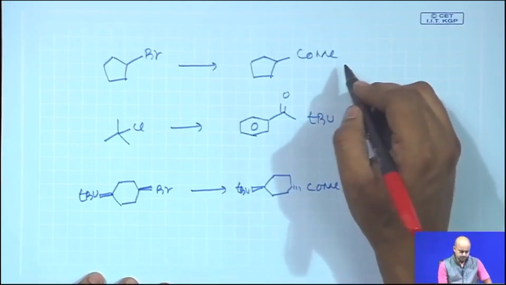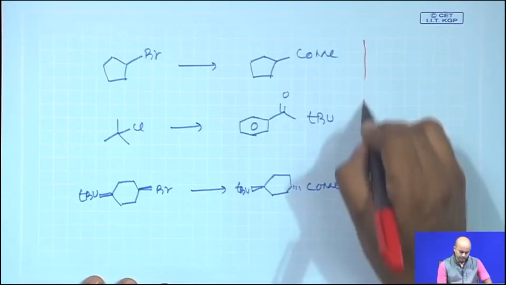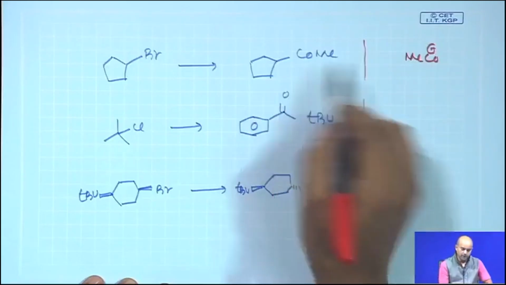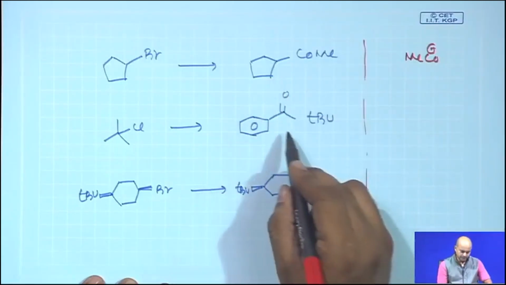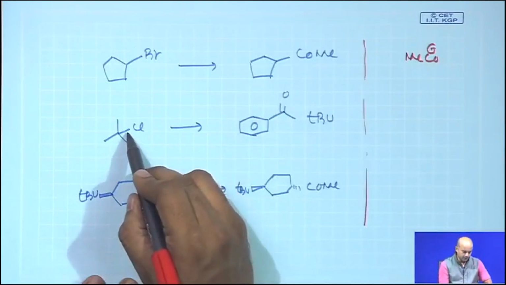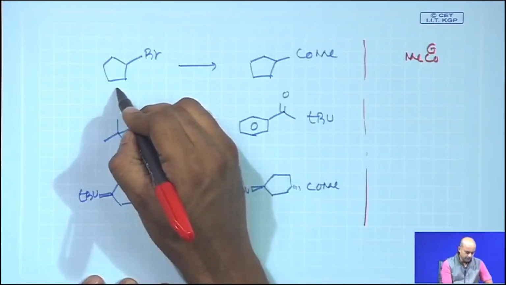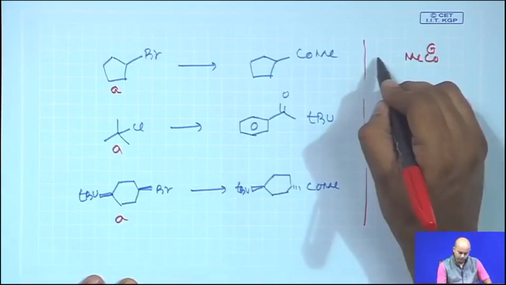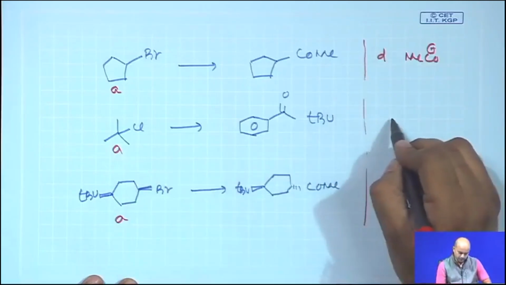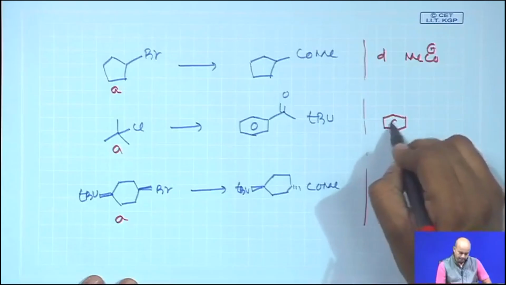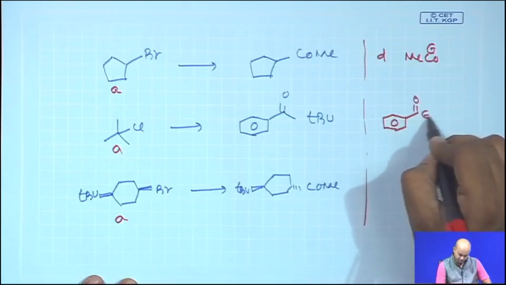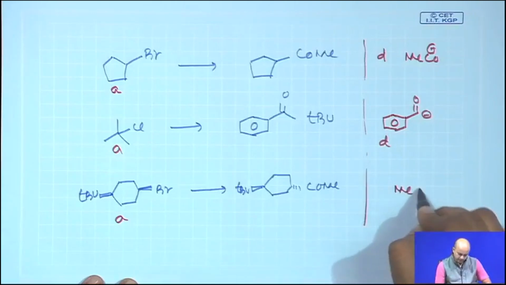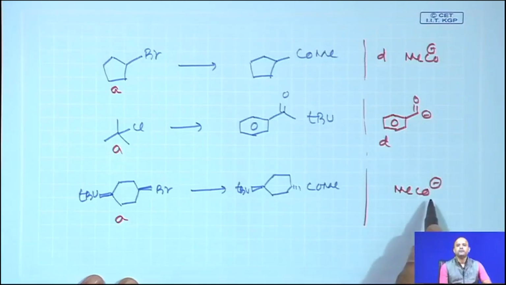So, you can simply think that in this case, if you have a MeCO minus, you can do an alkylation. In particular this case the electrophile is here. So, in all these cases these compounds are basically acceptor, acceptor, acceptor. So, this is your donor. In this case your donor should be something like this, and in this case your donor will be again the same MeCO minus.